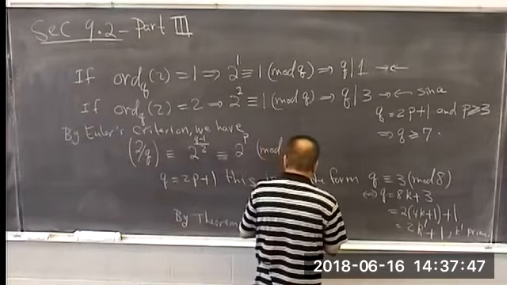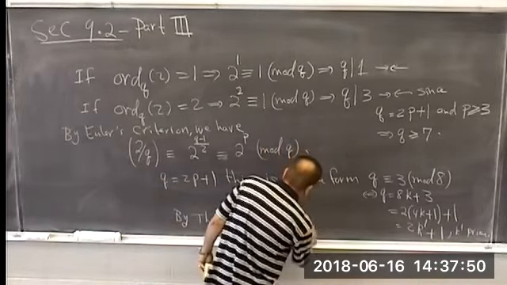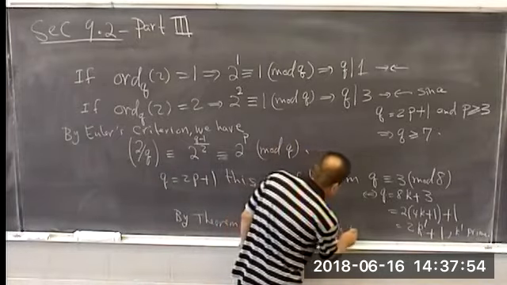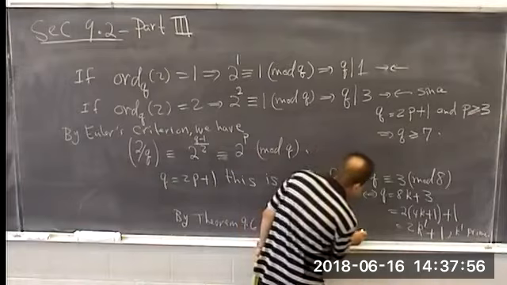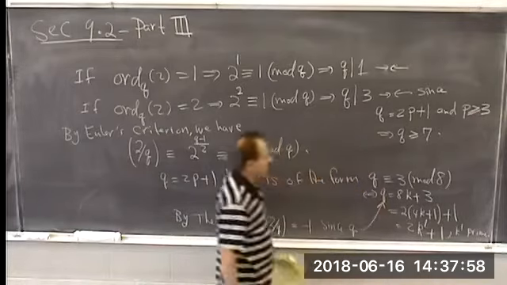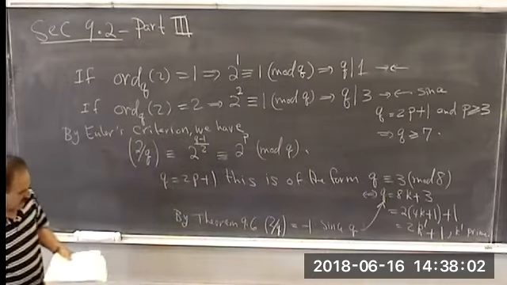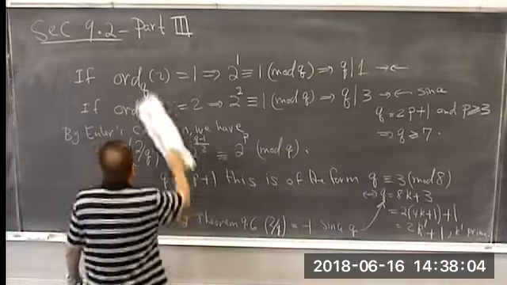Actually, this one gives us a negative 1, since q has this form, 8k plus 6.